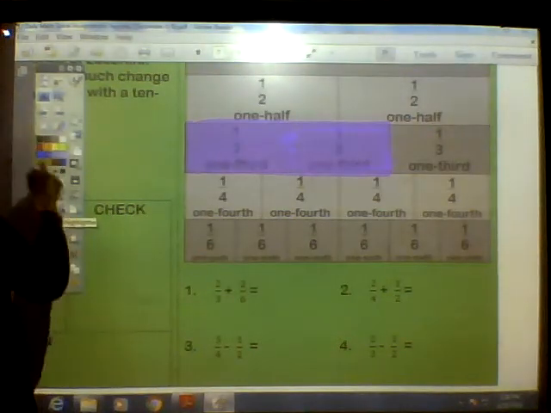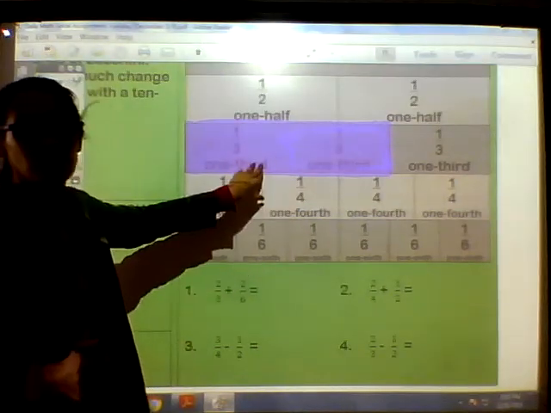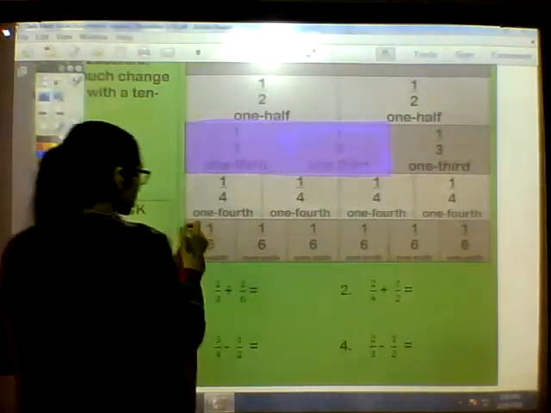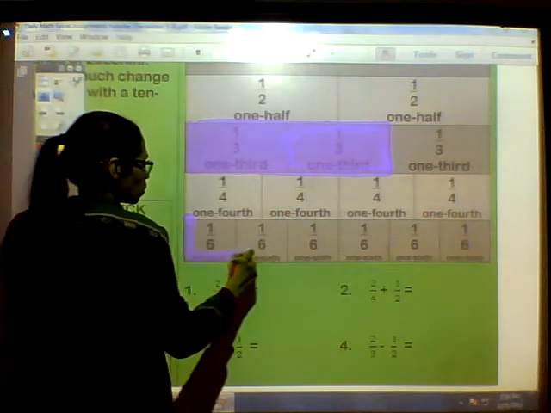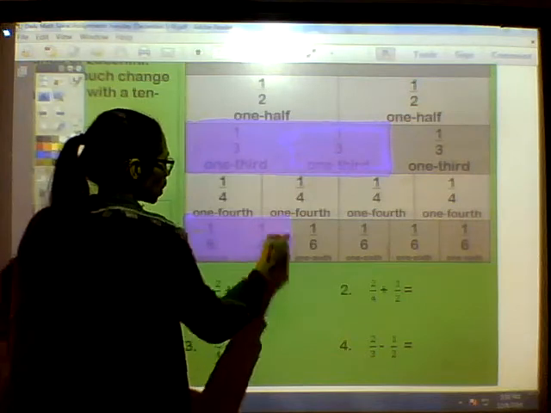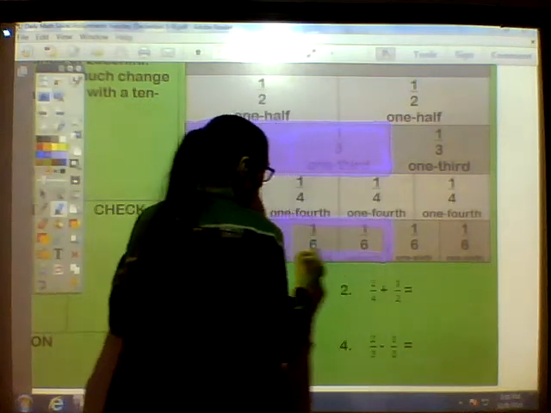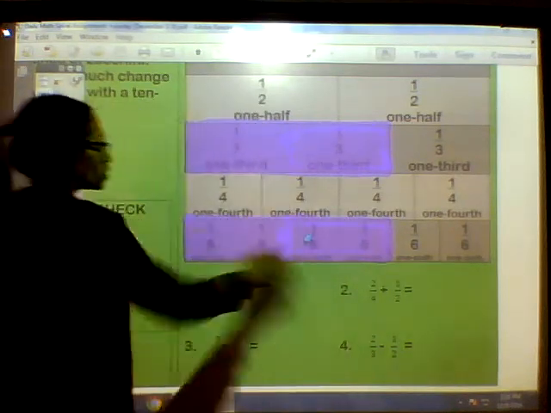How many sixths make 2/3? Look right here. Bam, right there. Do you see that? 1/6, 1/6, 2/6 makes 1/3. And then look, 1/3 and 1/3 makes 2/3, which is 4/6.